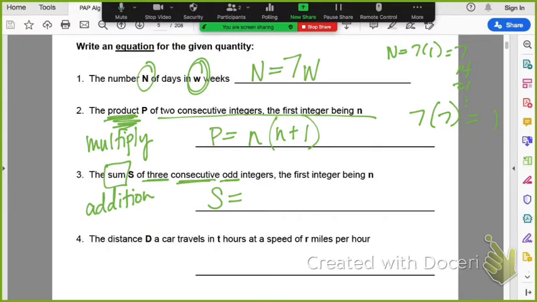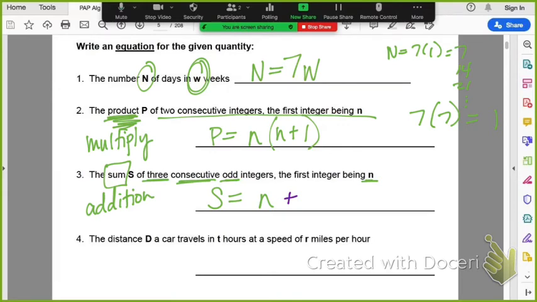So instead of 7 and 8, it has to be 7 and 9 because they're both odd. And so 3 consecutive integers could be 7, 9, and then 11, right? And so if the first one is n, and you told me that it's sum, so I would have a plus sign in between.